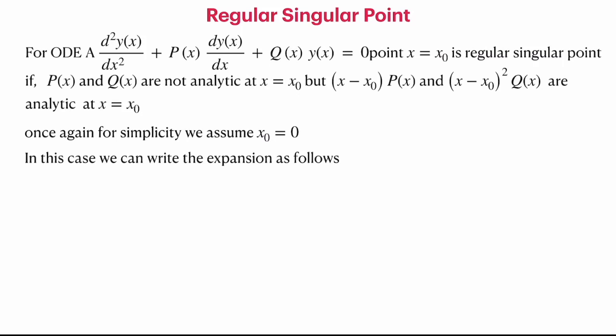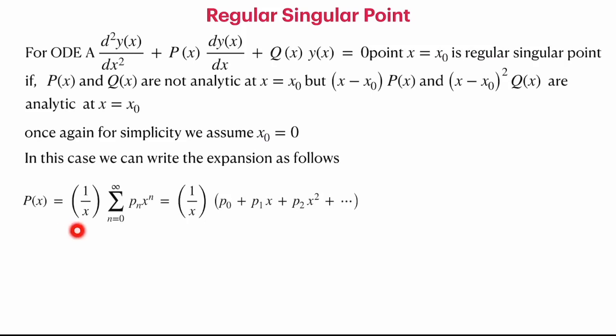In this case, we can write the coefficient p of x as 1 by x into the sum over n going from 0 to infinity, p n into x power n, or explicitly as 1 by x into p0 plus p1 into x plus p2 into x square, and so on. This is to say that it has a simple pole at x is equal to 0.